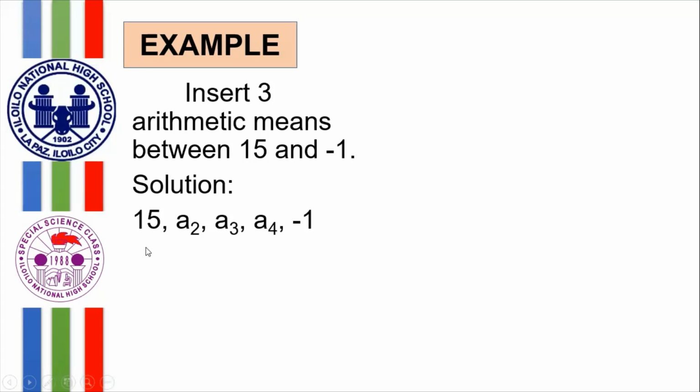So this means that 15 is the first term, or a sub 1 is 15. And that from here, 1, 2, 3, 4, 5, and that negative 1 here is a sub 5. And since we have here 5 terms in this finite sequence, then we let n be equal to 5.